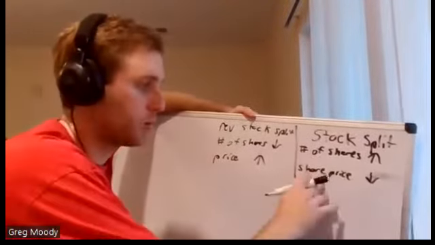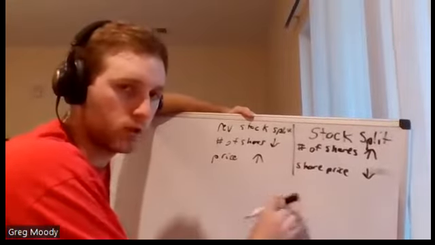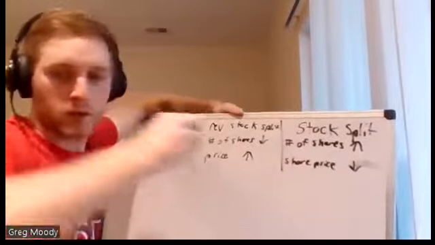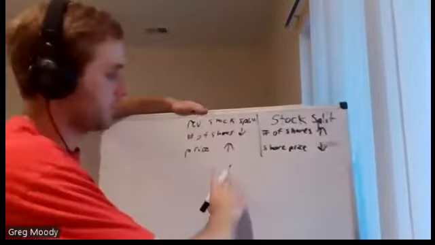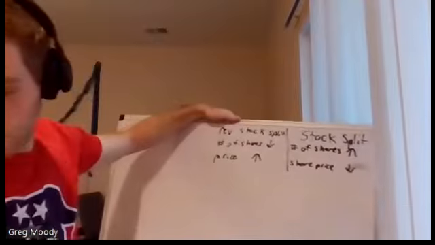The only things that changed were my price and my number of shares, but the equity is still there, right? So just something to keep in mind. And really remembering this is where a lot of our questions come into play.